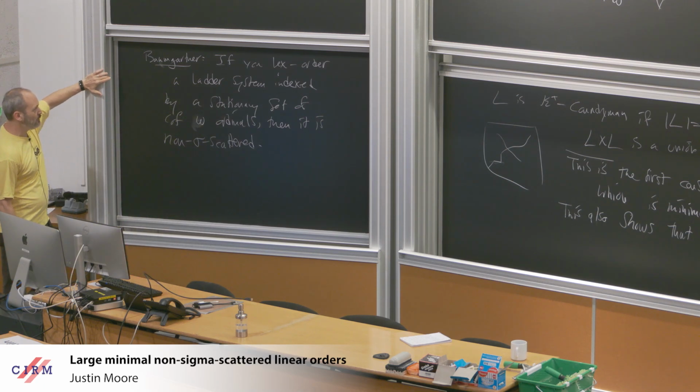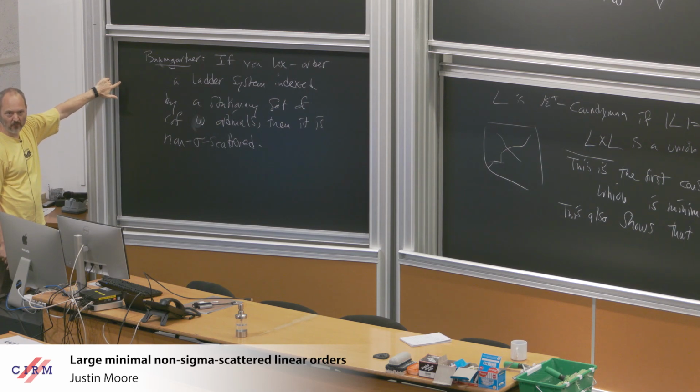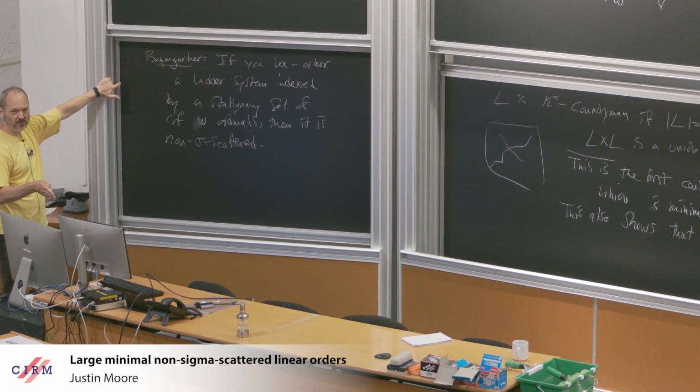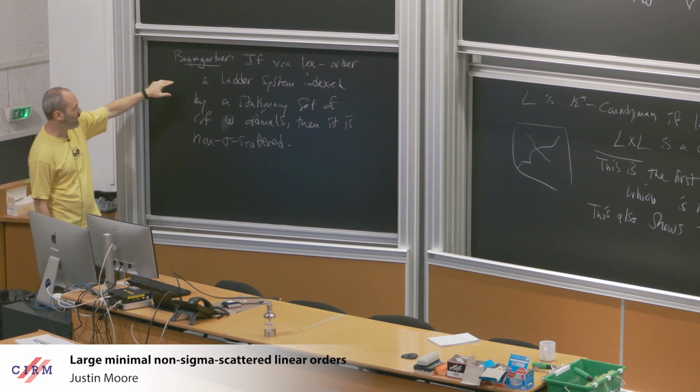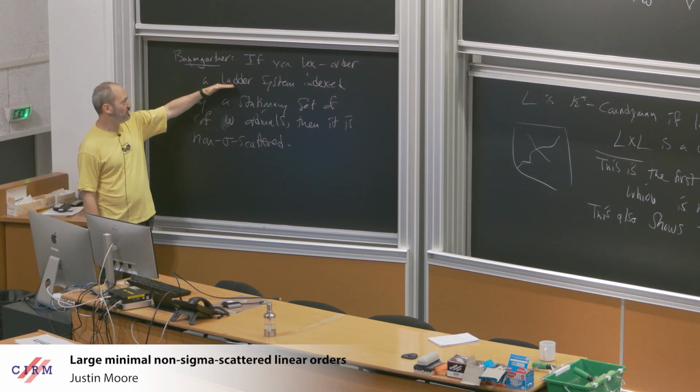Now, this example is interesting because, unlike those, it can never be minimal. If you take your stationary set, this ladder system, lex ordered, there's a way of decoding what the stationary set was just from order-theoretic properties of the linear order.